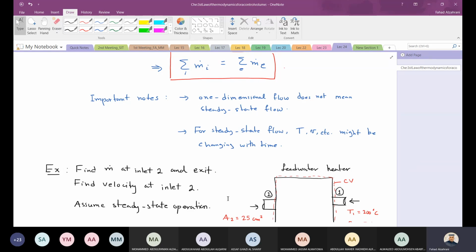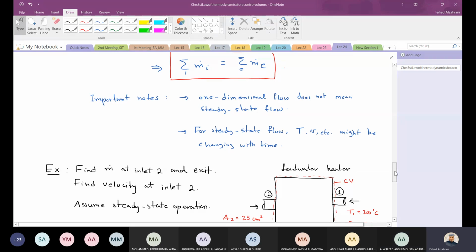Okay, so how can we solve this problem? To explain clearly, don't just say equate them.